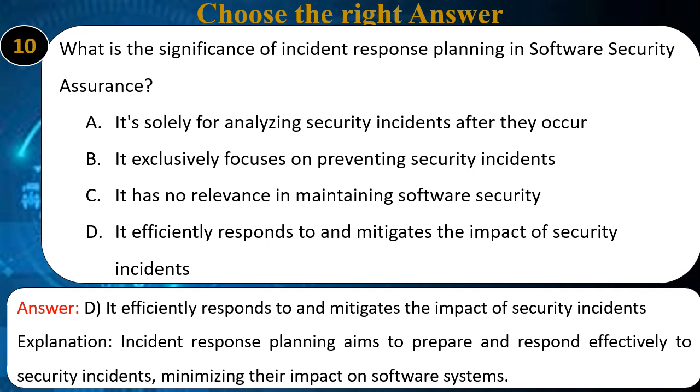Analyzing past incidents and learning from them helps identify vulnerabilities and bolster overall security measures, making the software system more resilient against future threats. Therefore, IRP plays a critical role in efficiently responding to and mitigating the impact of security incidents, ultimately strengthening the overall security posture of the software system and contributing significantly to SSA.